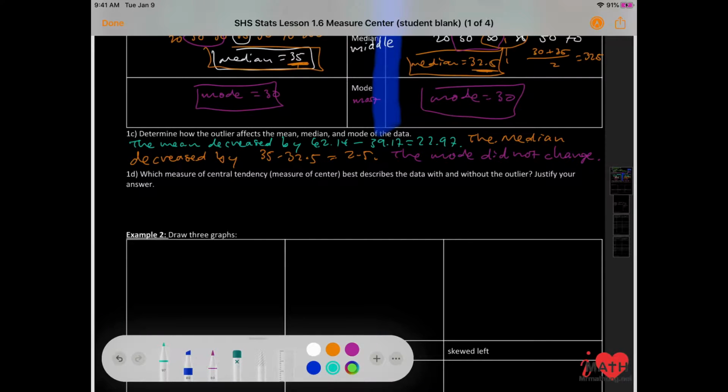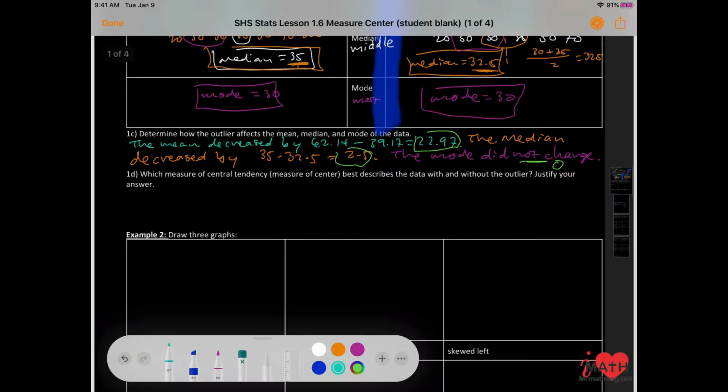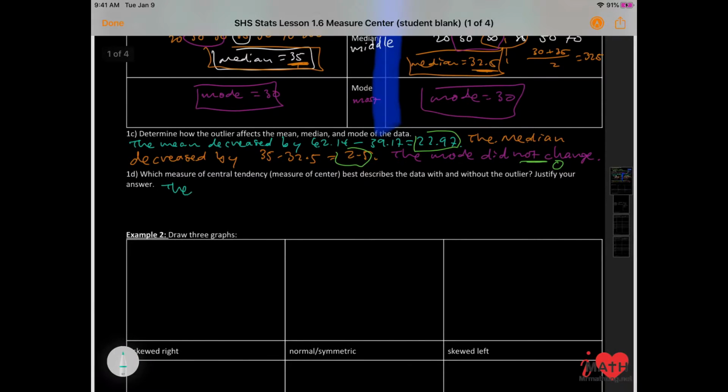Which of those colors, the blue, orange, or pink that we just did in 1C, which number was changed the most? Well, no change is like 0, right? So the mean was affected the most with the outlier.